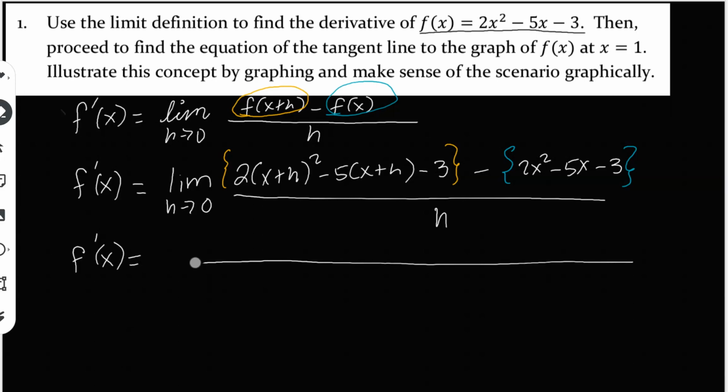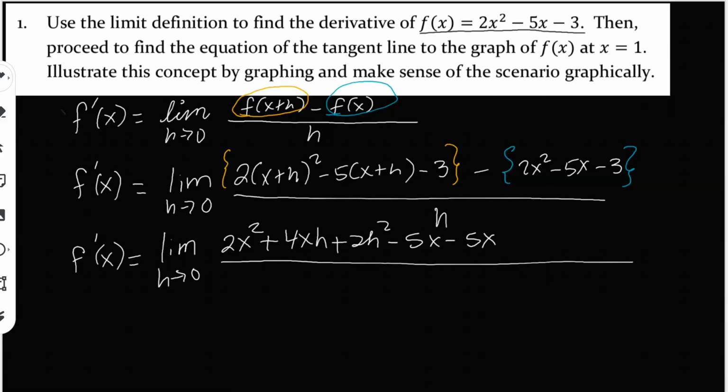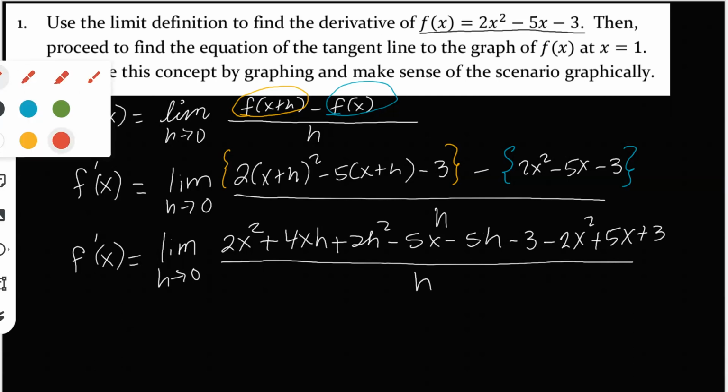So the limit as h goes to 0, and (x plus h) squared, when you multiply that out, is x squared plus 2xh plus h squared, and then times 2, you'll have 2x squared plus 4xh plus 2h squared minus 5x minus 5h, I said h, not x, minus 3, and distributing this subtraction, you have negative 2x squared plus 5x plus 3, all over h.